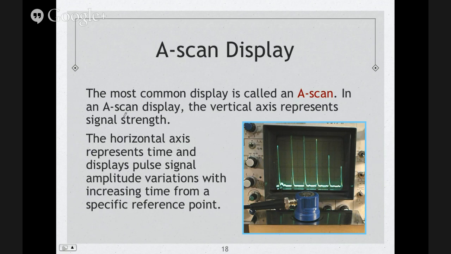In an A scan, the vertical axis represents the signal strength, or the amplitude of your signals. And the horizontal axis represents the time and displays pulse signal amplitude variations with increasing time from a specific reference point. So you have all your settings here. This is what we were talking about, the amplitude.